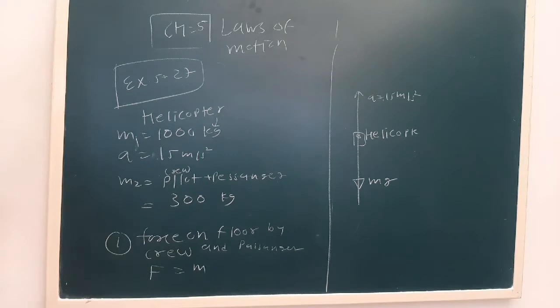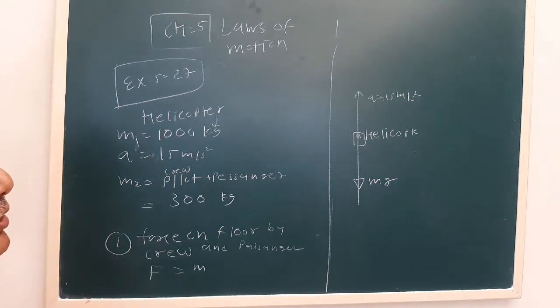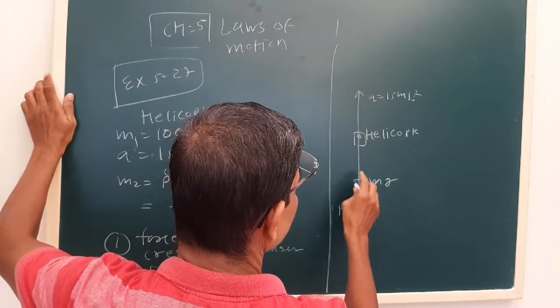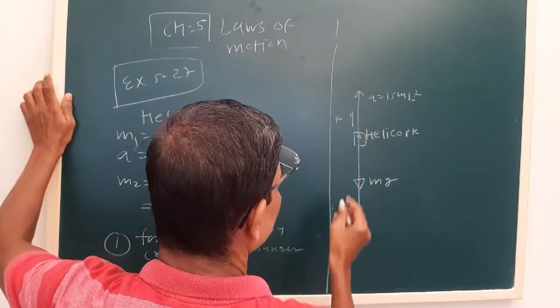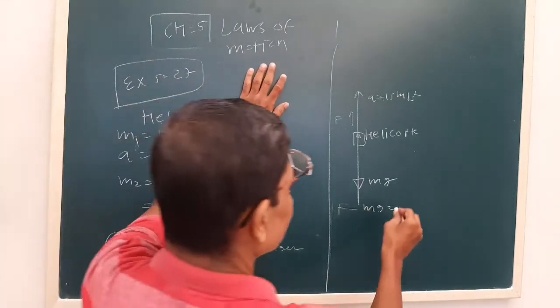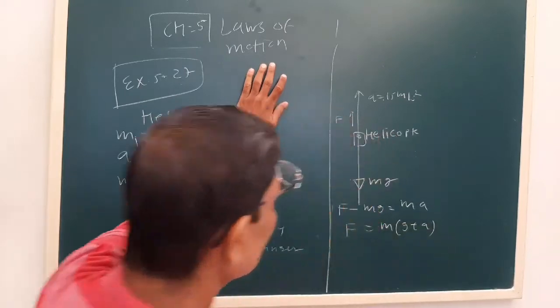Now see, the helicopter moves in upward direction. So what is the force here? Force on the floor by crew and the passenger. We have to consider weight is mg, but m we consider for the total mass. So what is the equation? Let us say F minus mg is equal to ma, that is Newton's second law of motion, F = m(g + a).